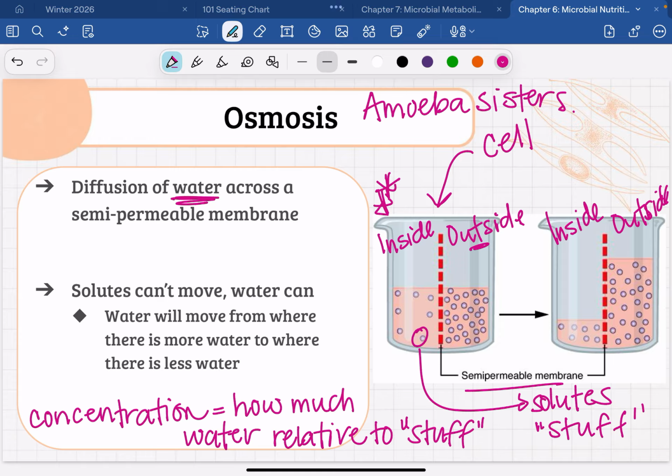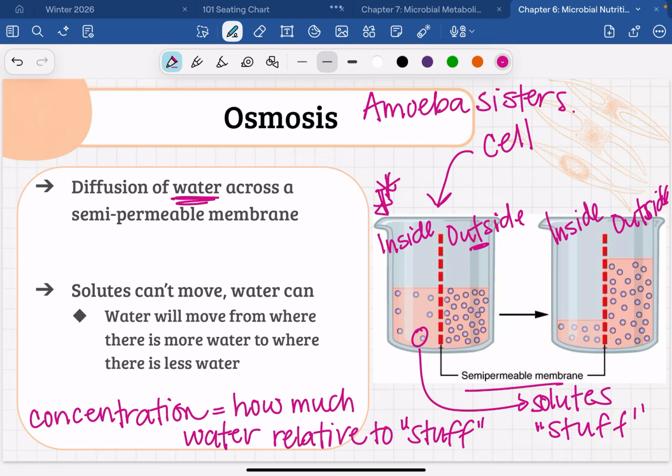And the inside of this fake cell, there's more water than solutes, right? There's more water than stuff. The water is the pink stuff, and the stuff inside of it is the purple bally things. There is more pink liquid than there are purple bally things, right?